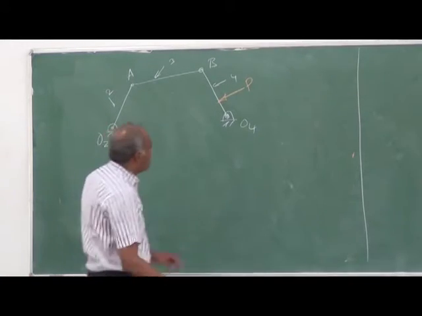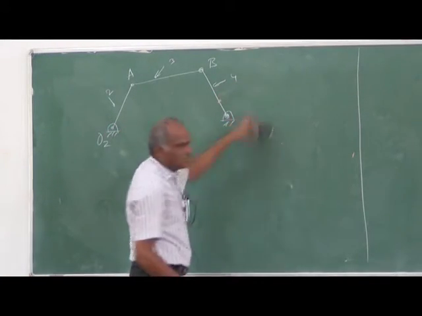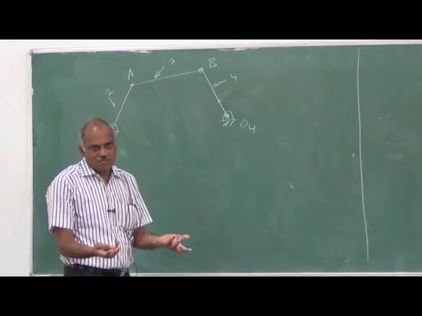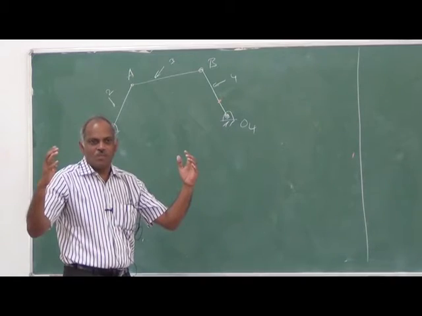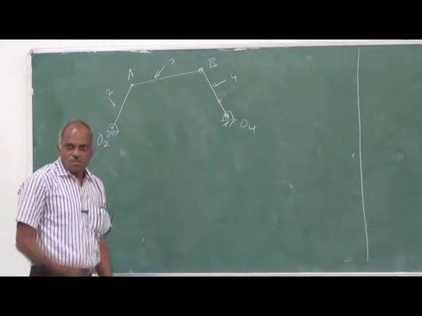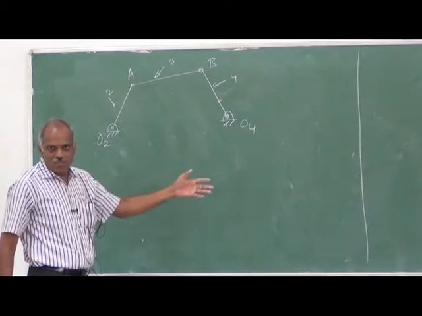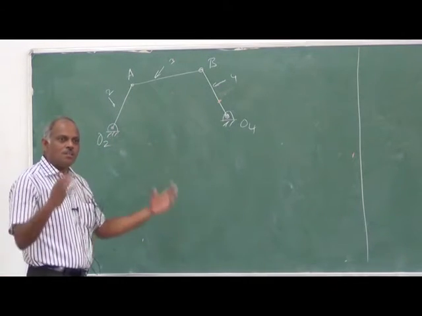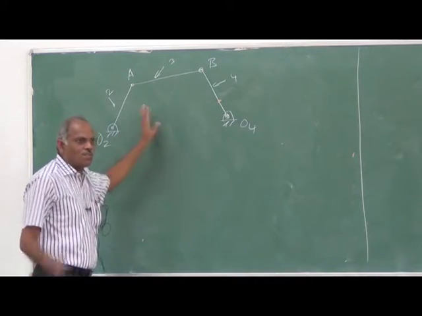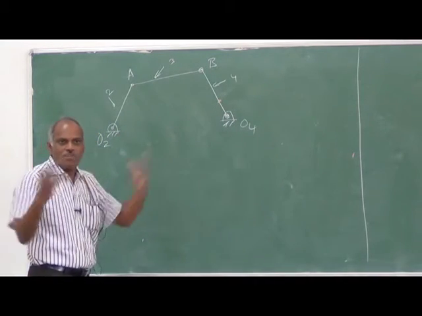If suppose I don't apply any force and ignore the weight of the linkages, no problem, it will be in equilibrium. We have not taken the weight of the linkages here. If you ignore the weight of the linkages, when no force is applied, this will be in equilibrium. You keep it in any position, it will be in equilibrium.